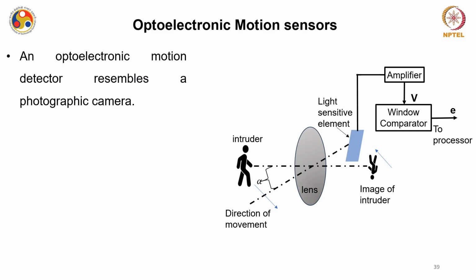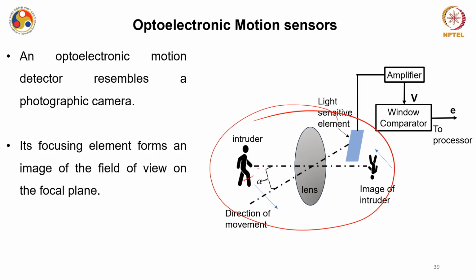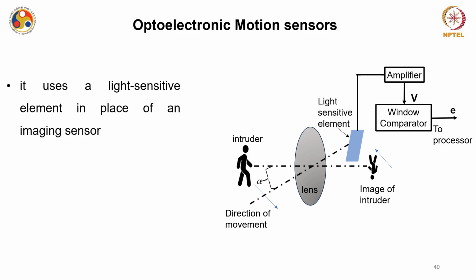So please note that an optoelectronic motion detector resembles a photographic camera very closely. Its focusing element forms an image of the field of view on the focal plane, something like this. So this is the intruder, this is the direction of motion of this person, and this image is formed at the focal point or in the focal plane. It uses a light sensitive element in place of an image sensor.